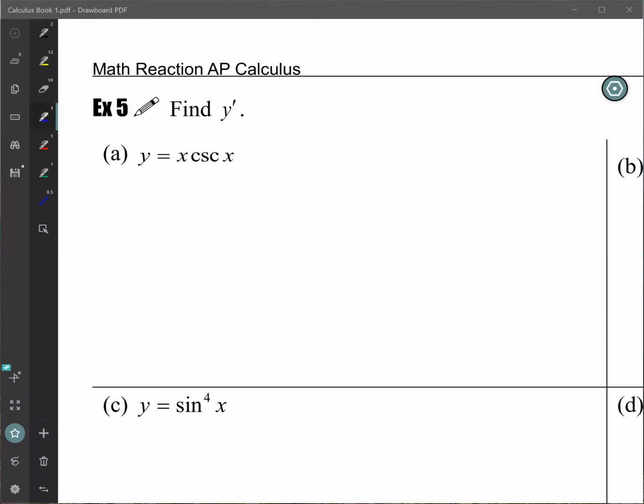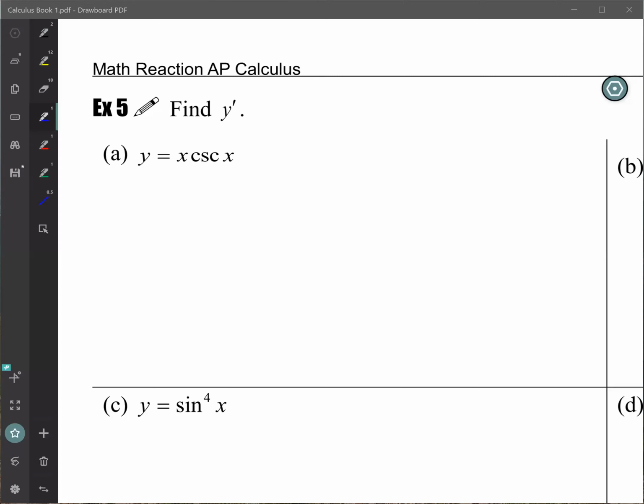You gotta go backwards, and then secant prime. Wait, what do you mean go backwards? You have the tangent prime. Oh, yeah, tangent prime is secant squared, and then secant prime is secant tan. Okay.